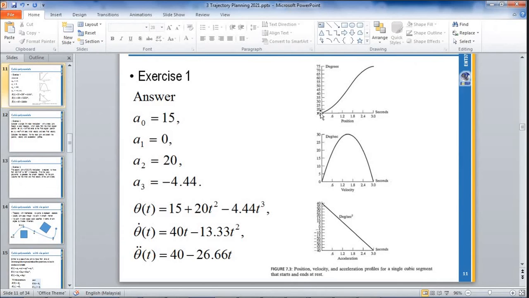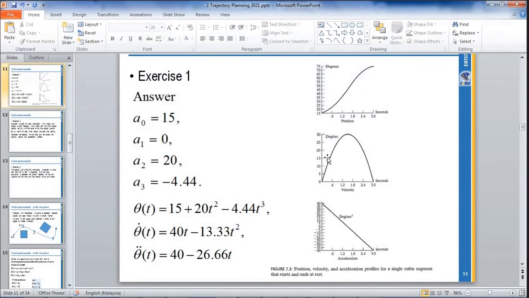That means how many degrees your robot moves per second, because your motion is between 0 and 3 seconds. This we call the position graph. It shows how many degrees your robotic arm moves in 3 seconds, so you know the position of your robotic arm.